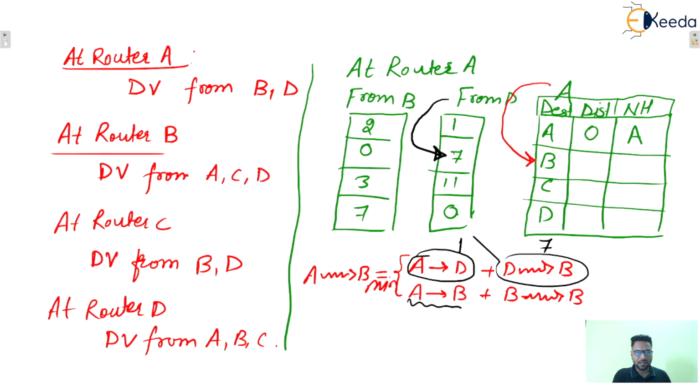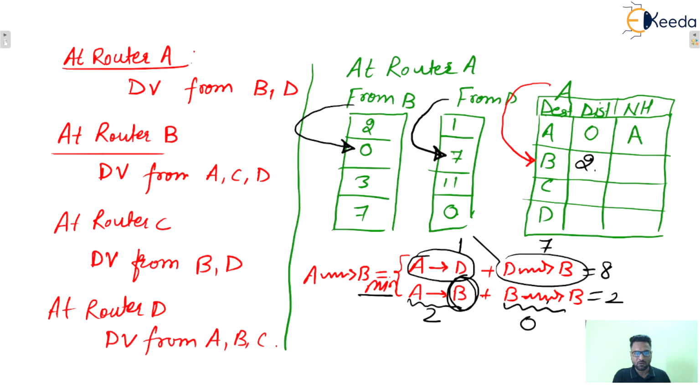A to B, B is a neighbor of A, so the direct distance is 2, and B to B is 0, from the distance vector of B. Now this one comes to 8 and this is 2, so the minimum is 2, so take 2, and next hop is what?